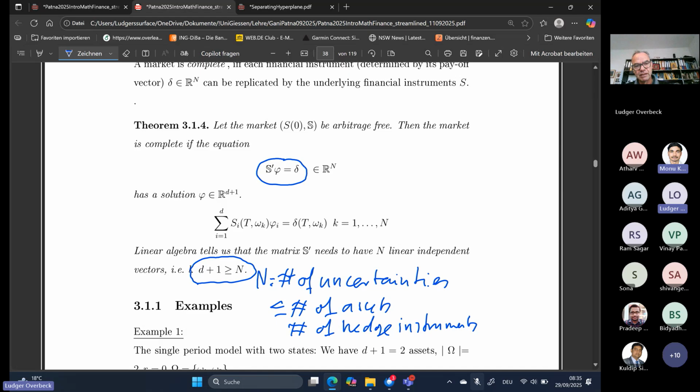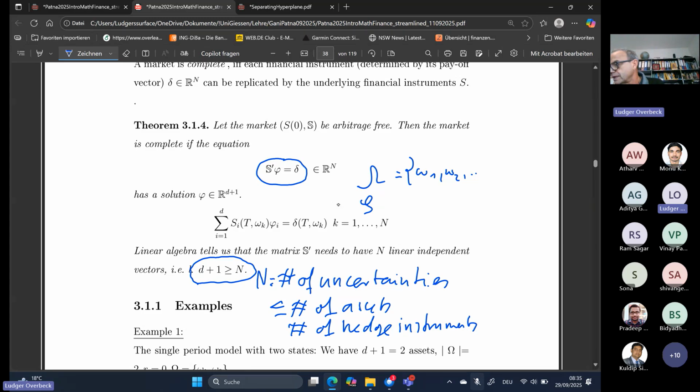If you take delta as an infinite dimensional vector, it means that you have infinitely many possible states, omega equals omega 1, and then you need, of course, also infinitely many instruments.